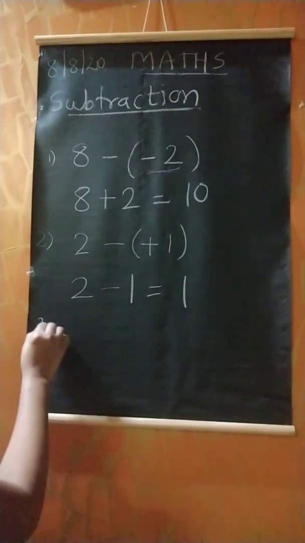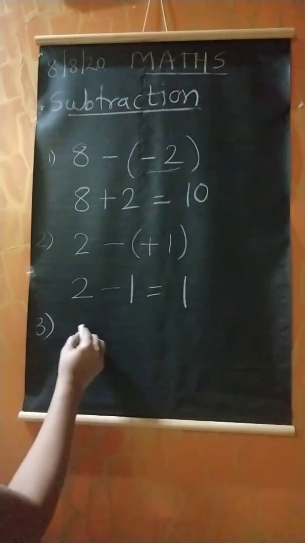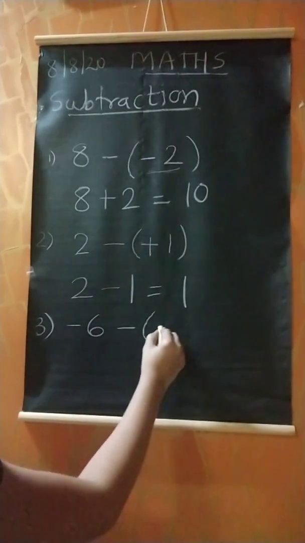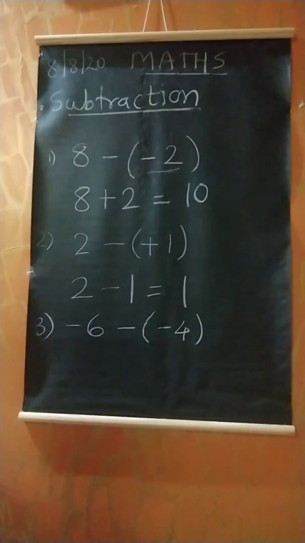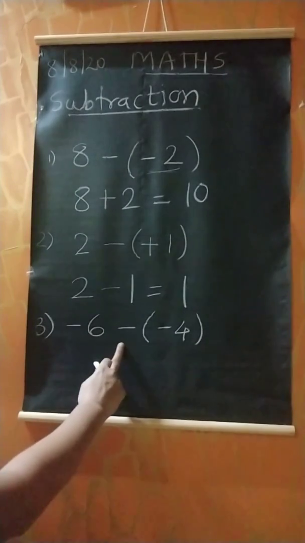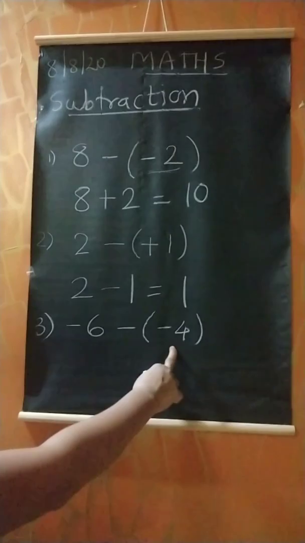See, it becomes a little bit different here. Minus 6 minus (minus 4). As I told, if a minus sign is outside the bracket, the sign of the next number will be changed.